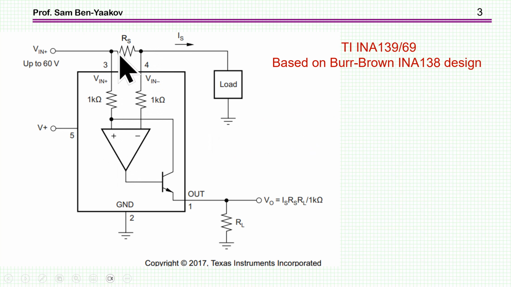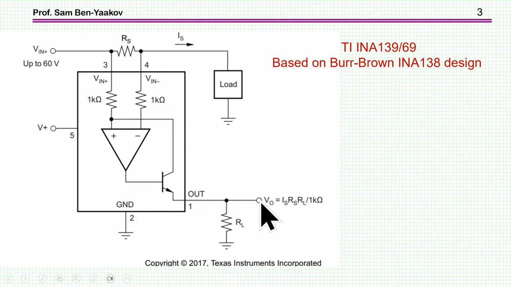That is, we have a sense resistor here through which we are passing a current, and the voltage across this is then sensed by this amplifier, producing a current which is proportional to the voltage here, and then this current times the resistor is the voltage.